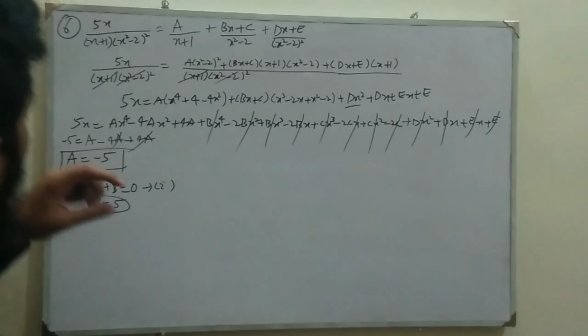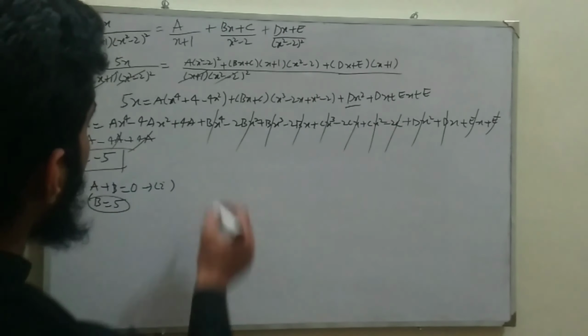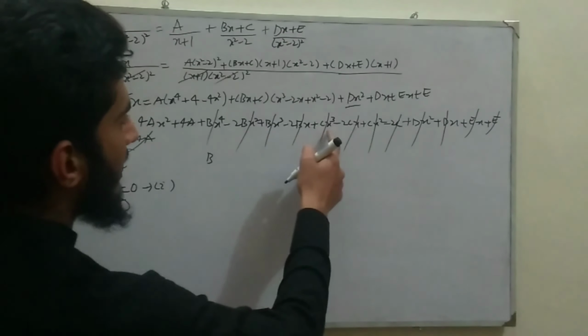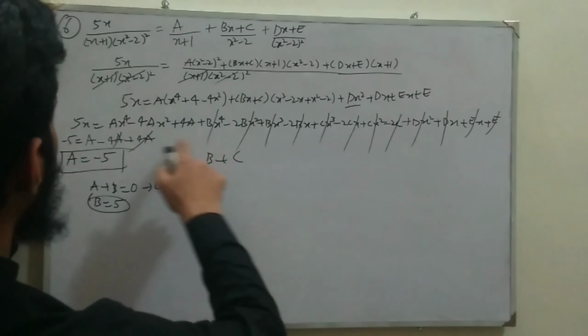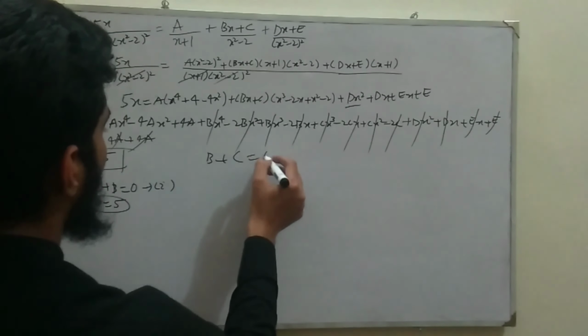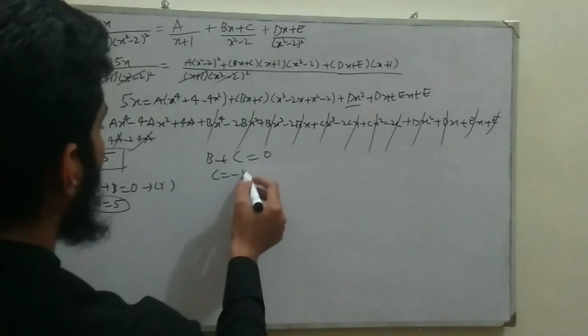So now comparing the coefficient of x cube on both sides: on this side the coefficient of x cube is B and C, and there is no coefficient of x cube on the other side, that's why B plus C is equal to 0. Put B equal to 5 in this equation, so the value of C will be equal to minus 5.